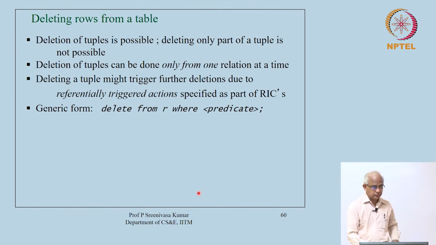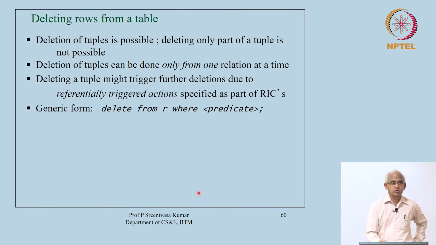Then deleting rows from tables. Deleting of tuples is obviously possible, but deleting any part of a tuple is not possible. You have to drop the entire row. Okay. Now, deletion of tuples can only be done from one relation at a time. You cannot delete tuples from multiple relations at the same time.